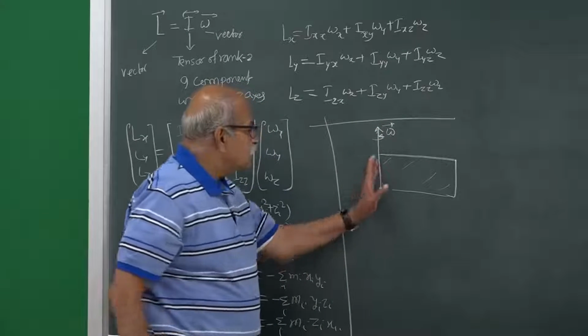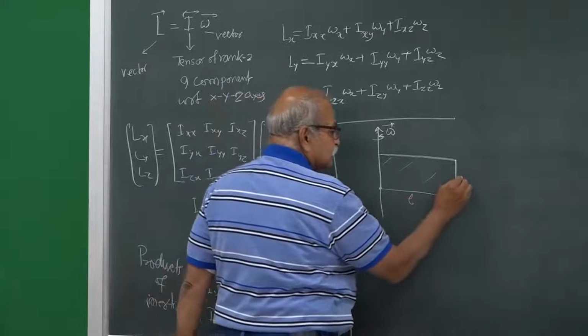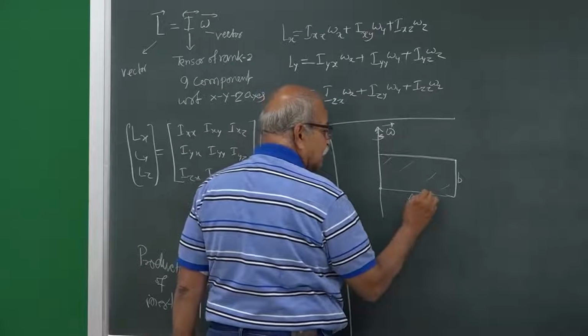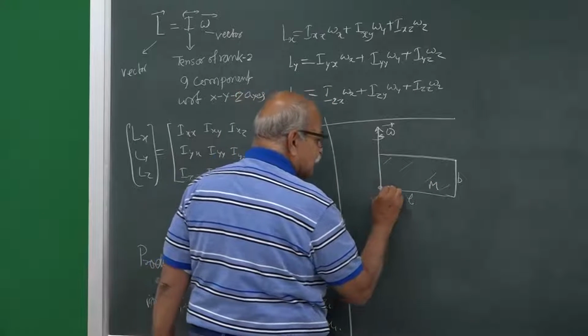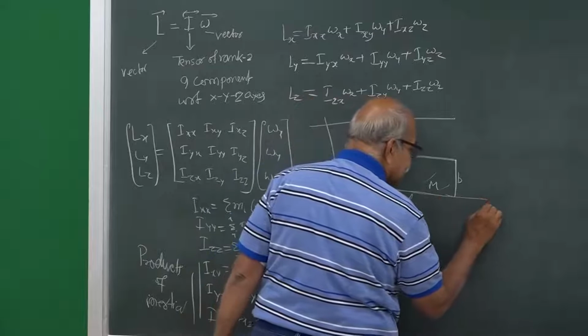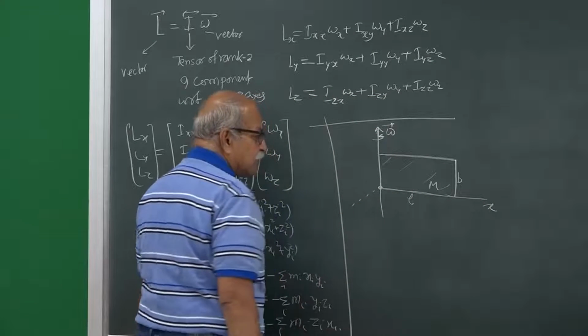The length is L here, the width is B, the total mass is capital M, and here is the origin. I take this as the x axis, this as the y axis, and then the z axis is perpendicular to the plane.